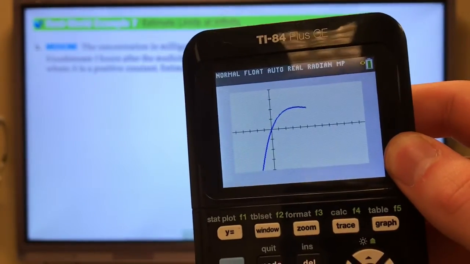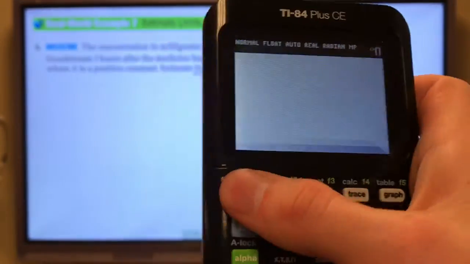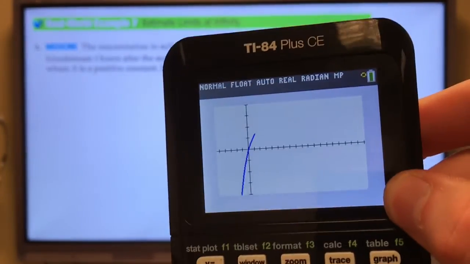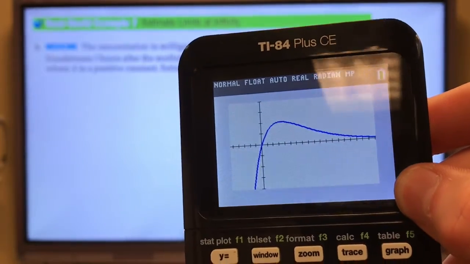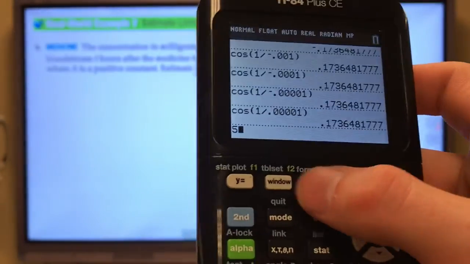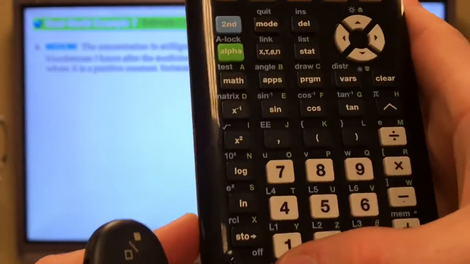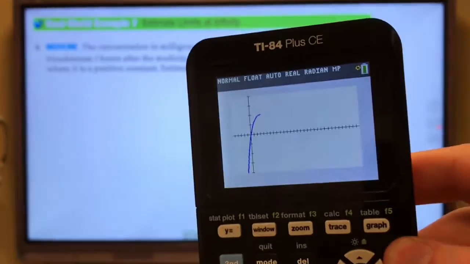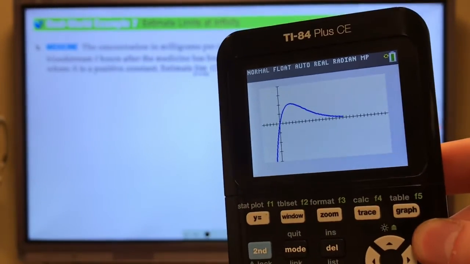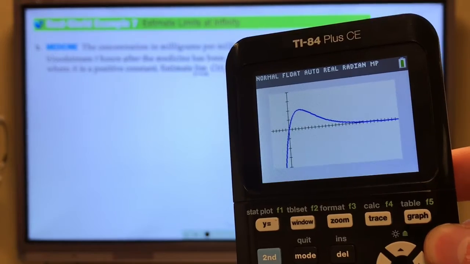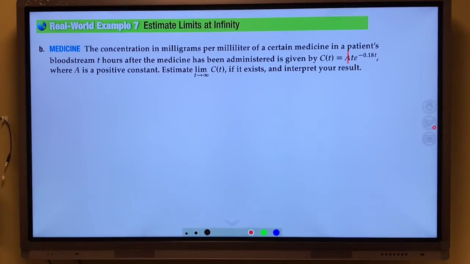Ooh, what is it approaching? Looks like it's approaching something. No, it's not that one. Looking like it's approaching 0. Let's see, one more time. Should be enough evidence. Yeah, it's definitely approaching 0.